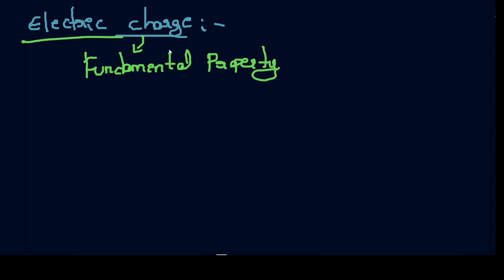Got it. Now, what is this charge? How do we know about charges? These charges are present in very elementary particles. If you go to a deeper level of any object, then you can see small molecules or atoms, right?